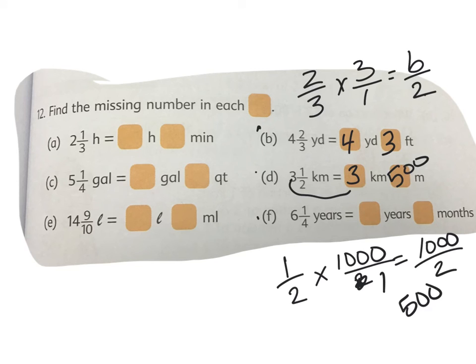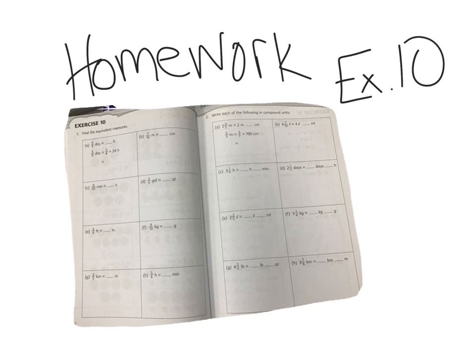So 3 kilometers, 500 meters. And 6 1/4 years. 6 years, 1/4 times how many months are in a year? 12. 12 over 1, 12 over 4, 3 months.